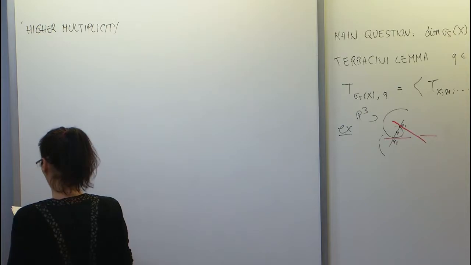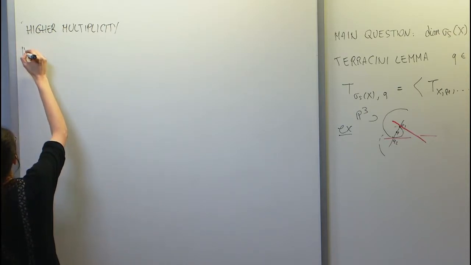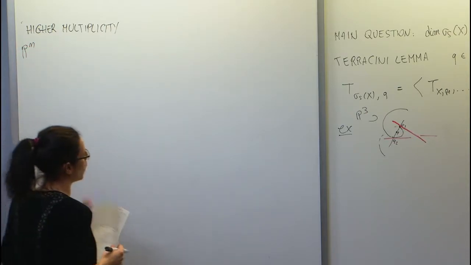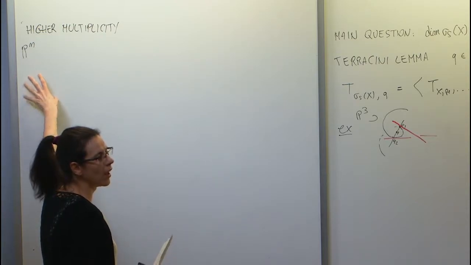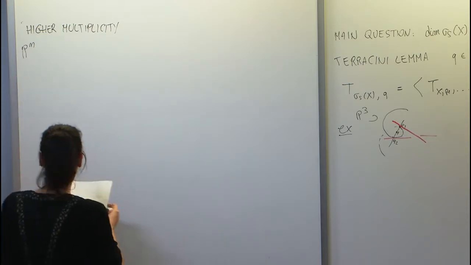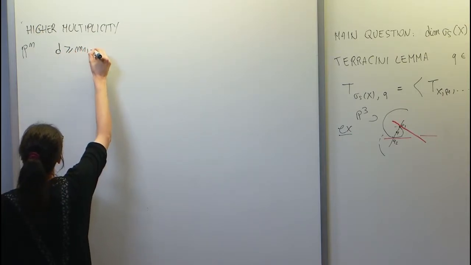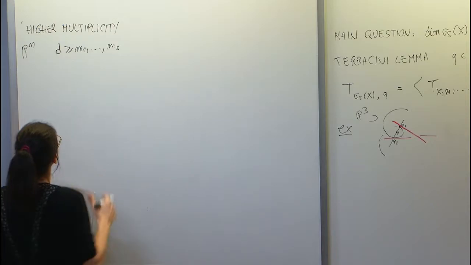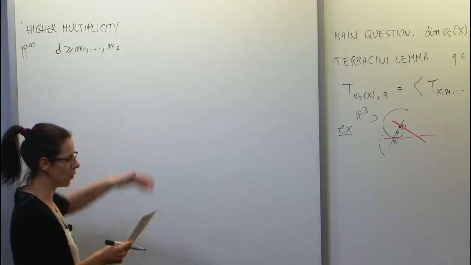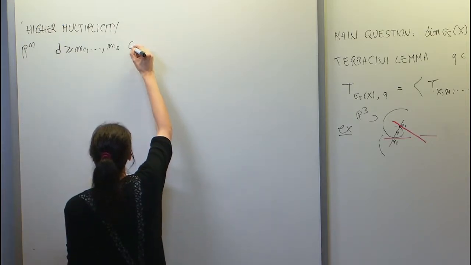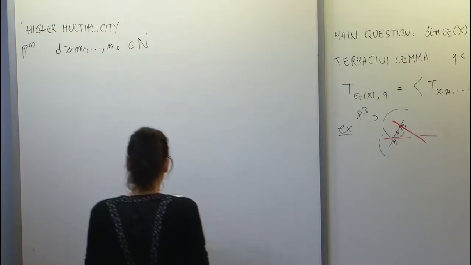So now I stick to the Veronese case. I take Pn and I fix integers d, m1, ..., ms, and I make sure that d is bigger than all of the other integers. These are natural numbers.